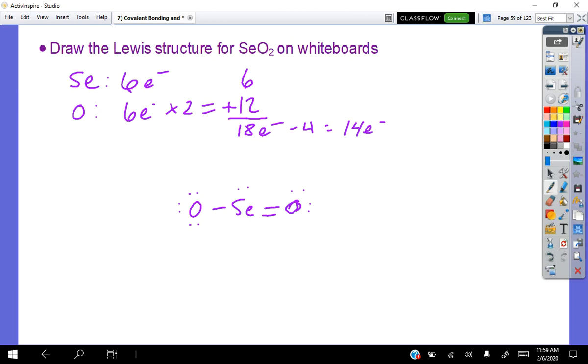But there's also a third possibility. One of our possibilities involves us doing both of those things. So what we'll do is we'll take a pair from each side and we'll share them to make a double bond.